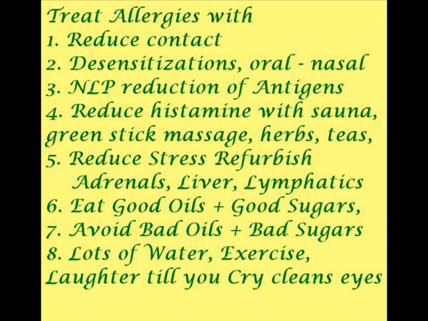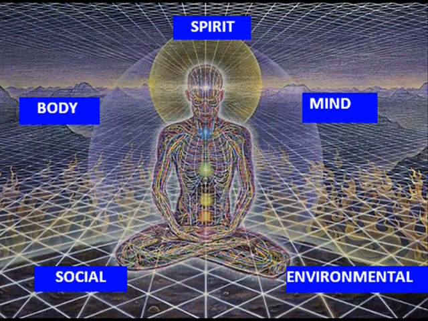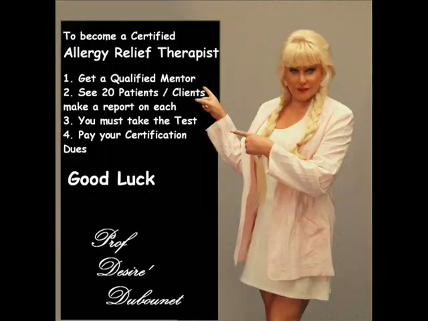Get a copy of this from your system, and remember that by doing all of these little factors, you can really help people to deal with their allergies. It's body, mind, and spirit, but we are also social and environmental. This is the whole of the system that we need to deal with, and what we deal with is holistic.